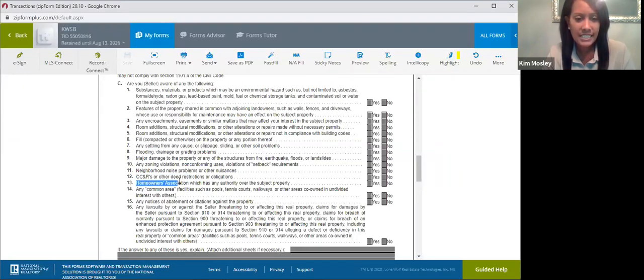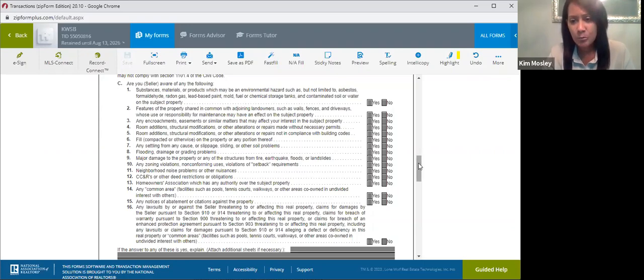Number 13 is asking if there's a homeowners association. Yes. Are there any common area facilities such as pools, tennis courts, walkways? Even if there's no pool or tennis courts, there's a condominium complex, there should definitely still be some common areas, right? The walkways or courtyard area. So those are mainly the condo questions on that one.